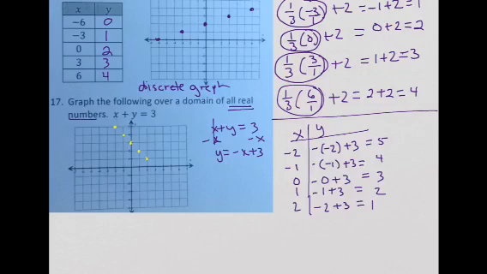We only put a certain number of points on the graph, but since it's over all real numbers, you just connect all the way across, and that's your graph. So this is a continuous graph. Okay, there's no gaps or holes.